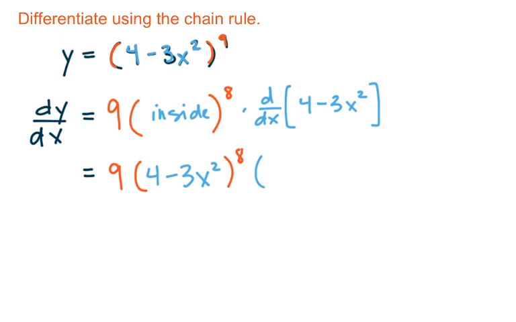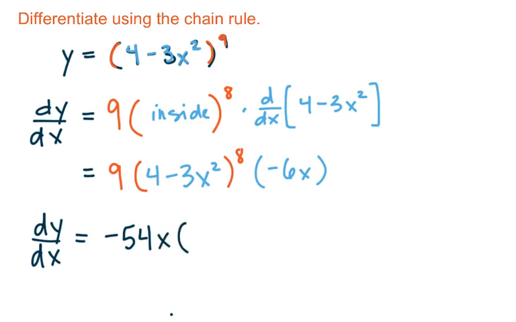The derivative of negative 3x squared gives me negative 6x. So my final step here, the derivative of y with respect to x, the 6 and the 9, I'll multiply these together. I've got negative 54x times (4 minus 3x squared) to the 8th power.